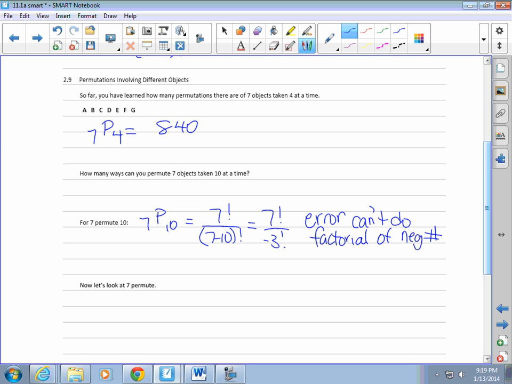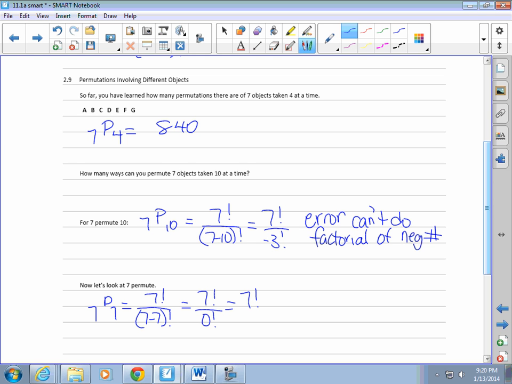So if I did a 7 permute 7, so let's take 7 objects, 7 at a time, this would be 7 factorial over 7 minus 7 factorial, which is just 7 factorial over 0 factorial, which is equal to 7 factorial.